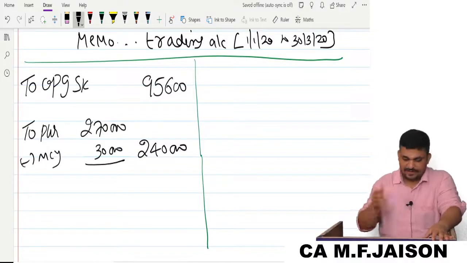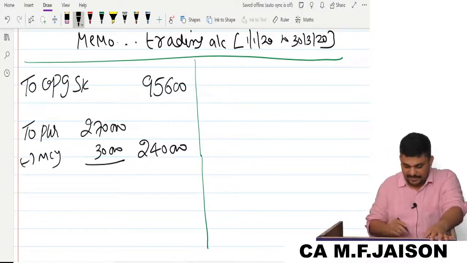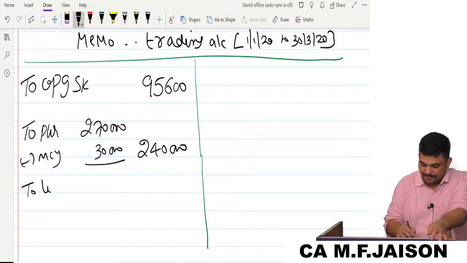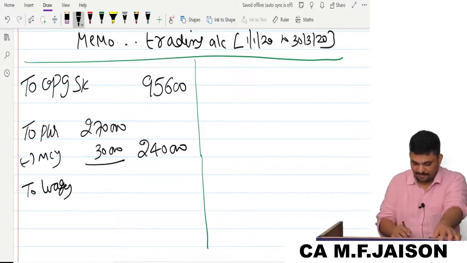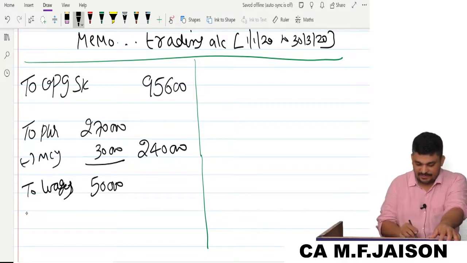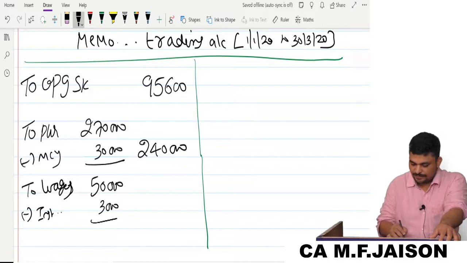So it is purchases minus machinery. Then we have wages. What is the wages amount? 50,000. Then minus installation cost, 3,000, so 47,000.